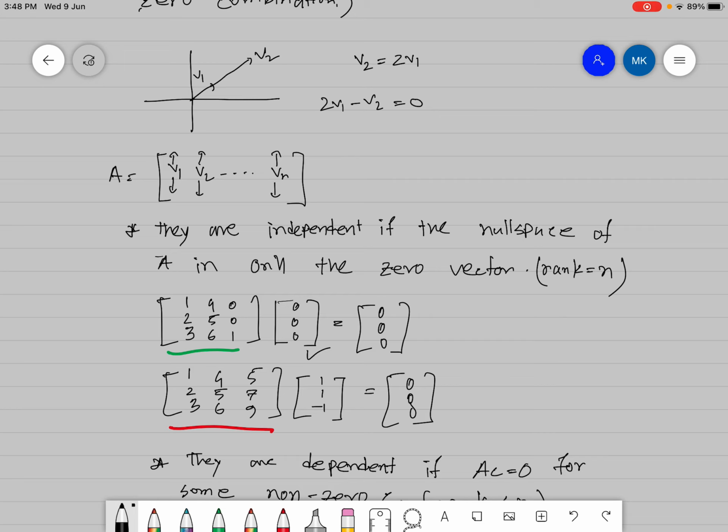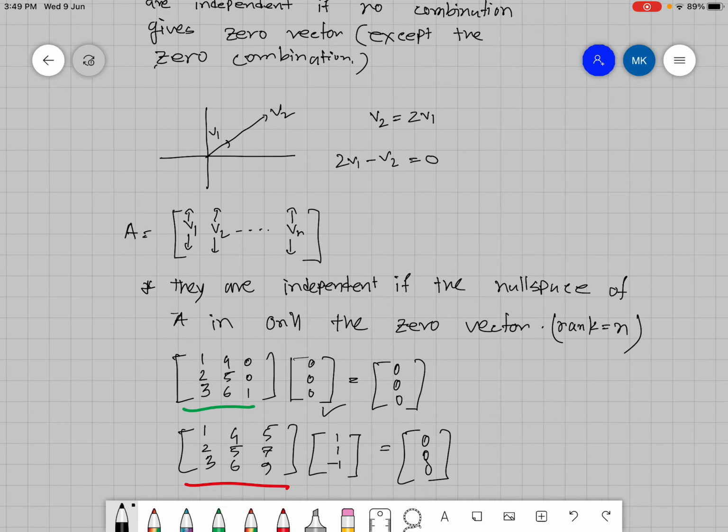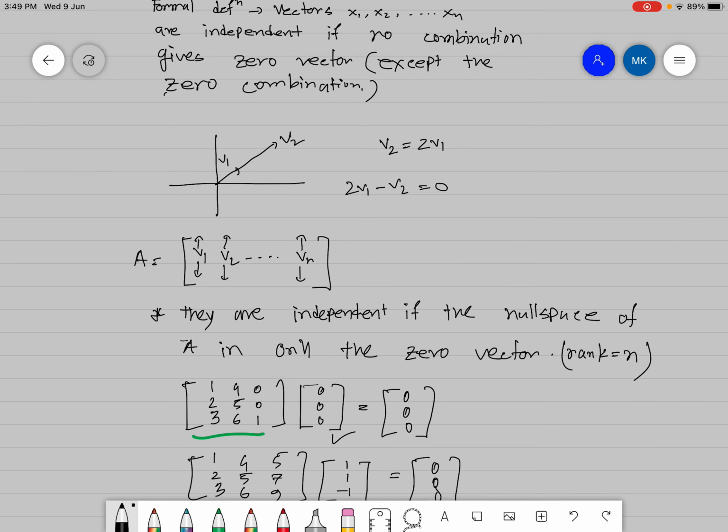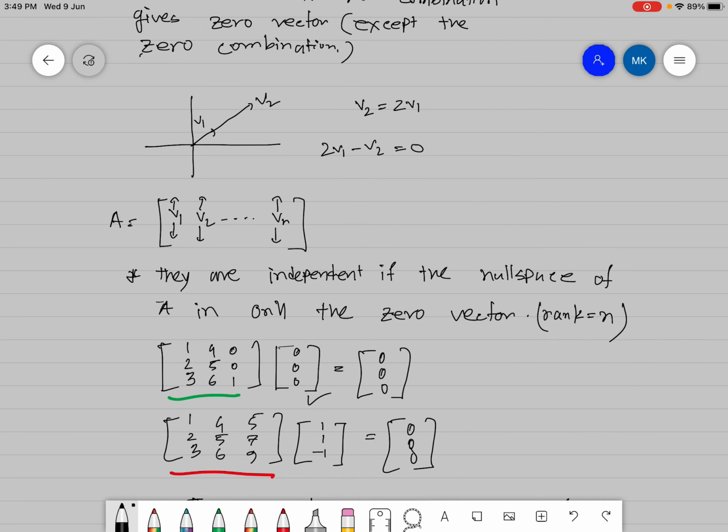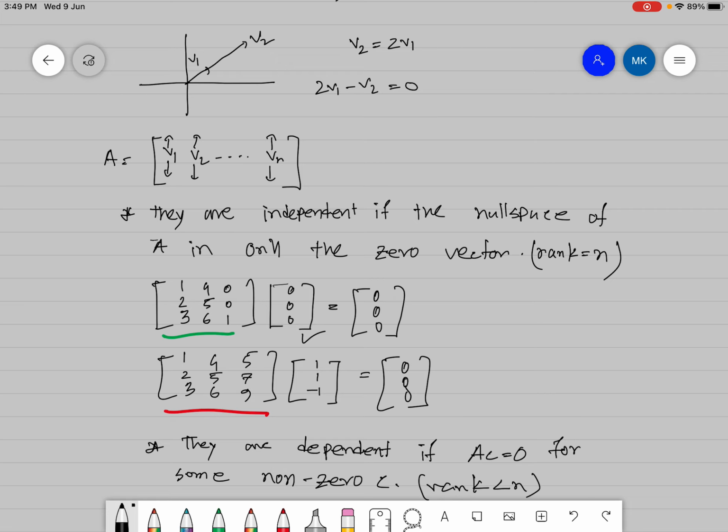But if I break the concept of independence down in simple words, if you have a matrix, there are some columns in that matrix, and those columns are independent if no column is a linear combination of any other column.